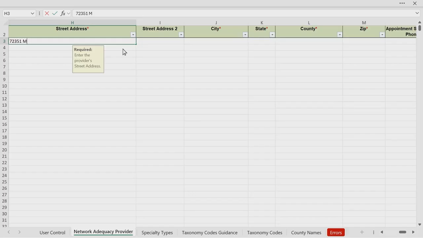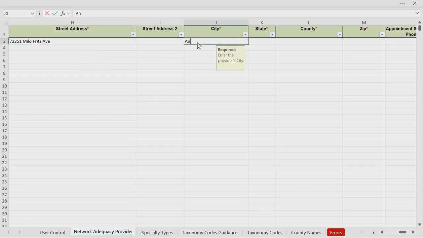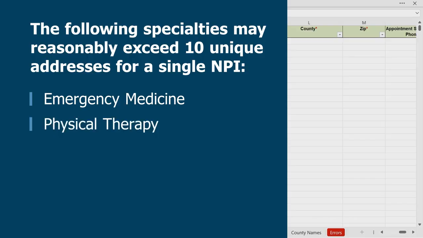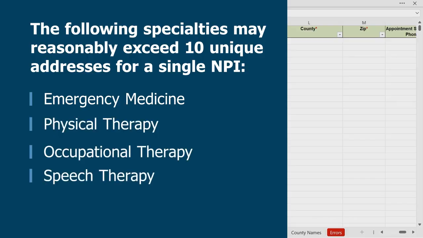If the provider has multiple locations, enter each street address in a separate row, but do not enter more than 10 locations for a single provider, with the exception of the following specialties that may sometimes reasonably exceed 10 unique addresses for a single NPI: emergency medicine, physical therapy, occupational therapy, speech therapy, and urgent care.